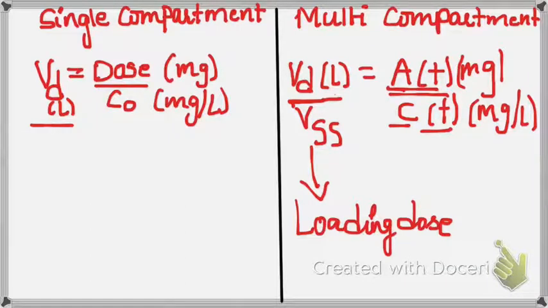So, the volume of distribution calculated from the central single compartment model tells the drug's ability to stay in the plasma or to leave into the tissues, whereas the volume of distribution calculated at the steady state is used to calculate the loading dose of the drug. Compartment model is a vast topic. This is just a brief overview of the single compartment and multi-compartment model.